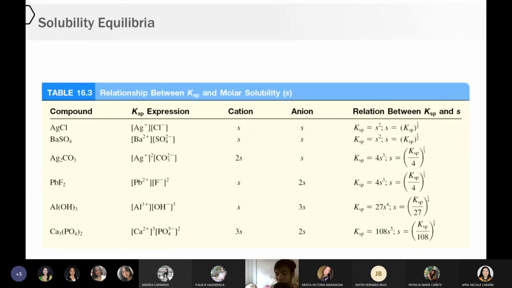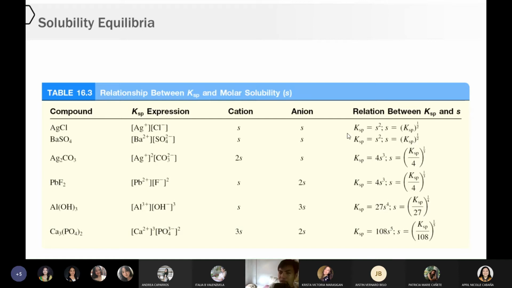Depending on the ratio of your cation and your anion, there is a corresponding equation to solve for the solubility, the X, or in our case, letter S. Letter S kasi nakalagay dito eh. Okay. So, itong S, X din yan, no? So, depending on the type of your compound, you can have different ways to solve for the X.